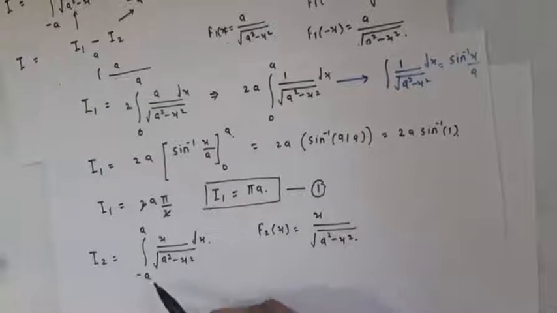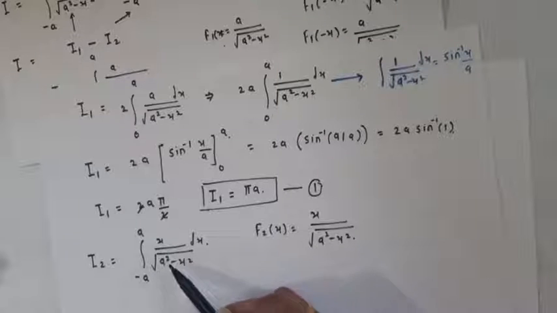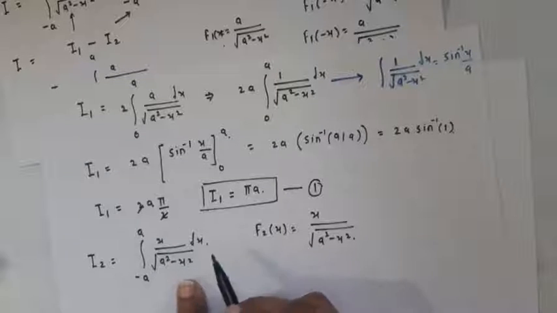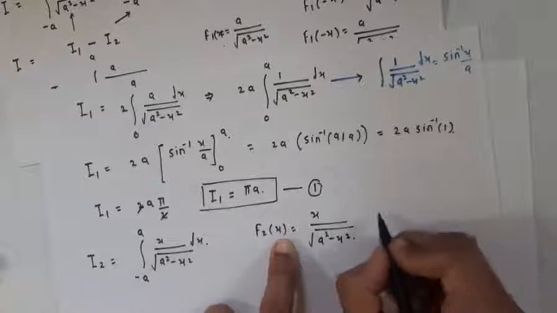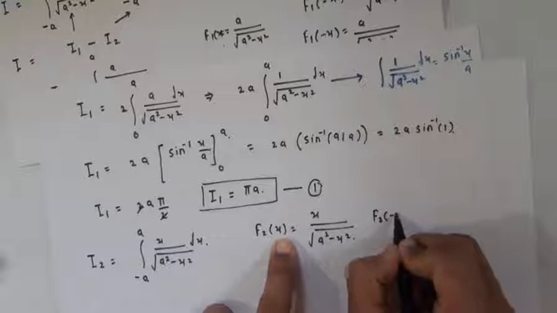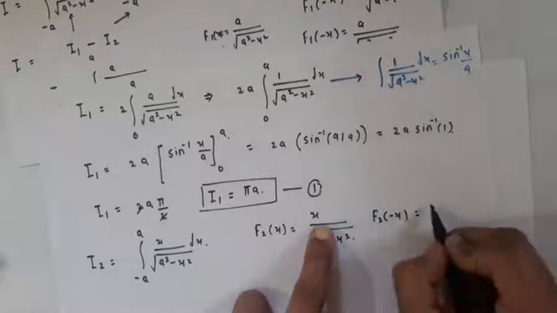As the integral is from minus a to a, let us check whether the function is even or odd. f2(x) is this, so let us check f2 of minus x. Put the value of x as minus x.